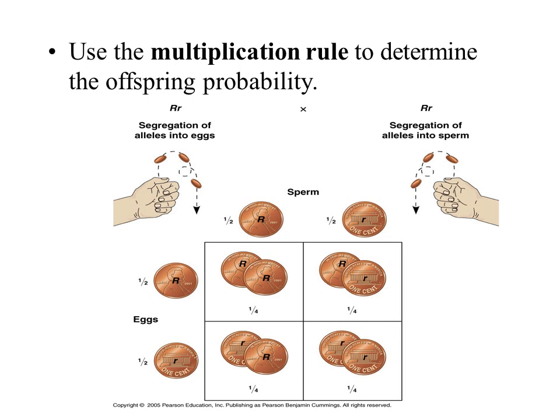When we just said the purple flower versus the white flower, that was a big P versus a little p. So you only have 2 variations that you can have. So we're going to use the multiplication rule to determine the offspring probability.